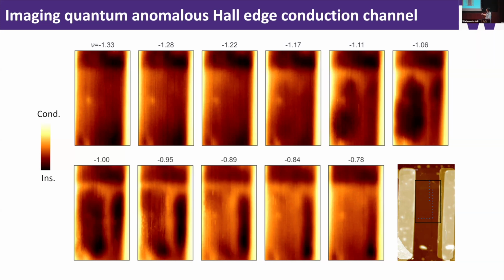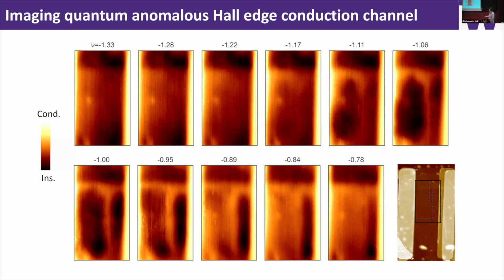If we focus on filling factor -1.33, the system is in a metallic regime. That's why you see the MIM signal light up across the whole sample, and on top, the substrate outside the sample is dark. Now we start to tune the filling factor from this metallic region all the way to near -1, the quantum anomalous Hall state.